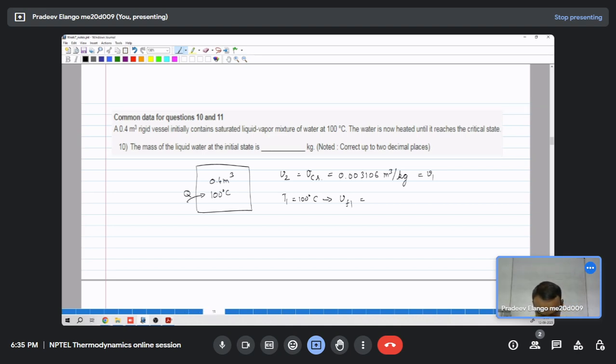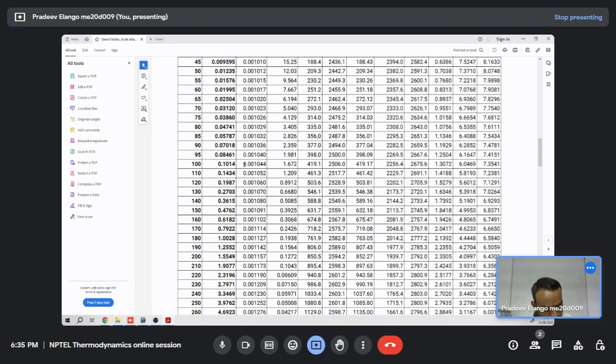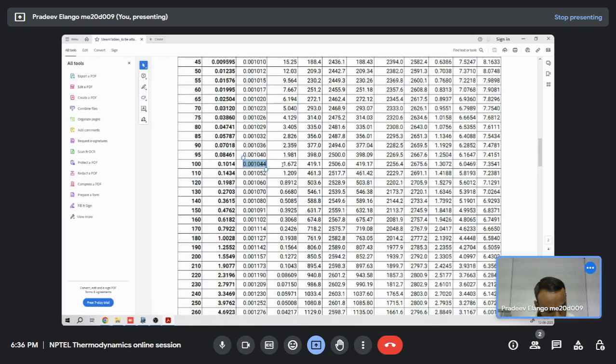So Vf1 at 100 degrees Celsius is 0.001044, and similarly Vg1 is 1.672.